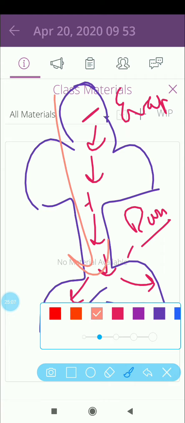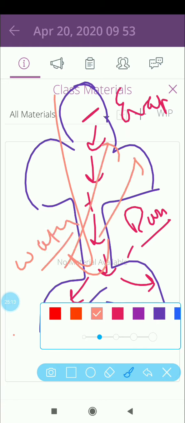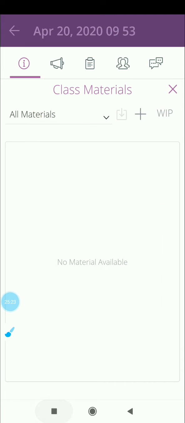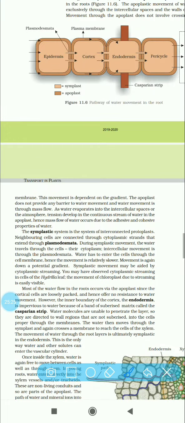The roots will keep on absorbing water, and that water will reach each and every part of the plant from the roots, and it is lost mainly by evaporation. This is what has been explained in this part. The tension will develop because of evaporation, and that's why the water will keep on being absorbed.